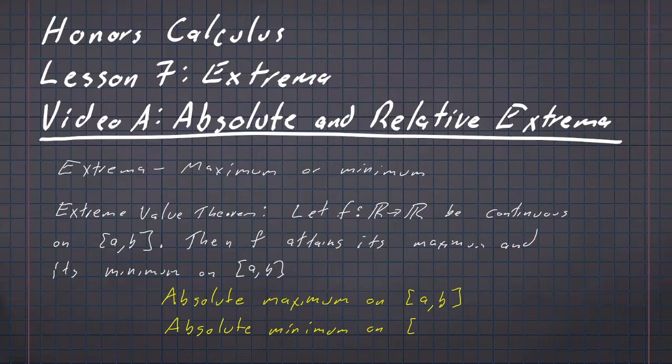and we'll call the minimum that the extreme value theorem tells us exists the absolute minimum on AB. And generally speaking, the absolute maximum and the absolute minimum are going to be useful in problem solving.